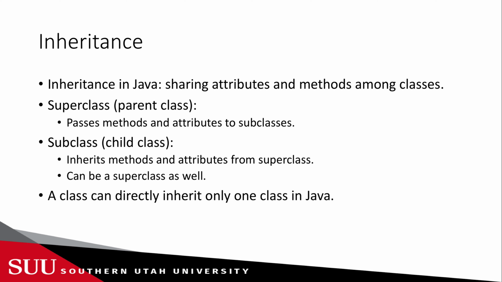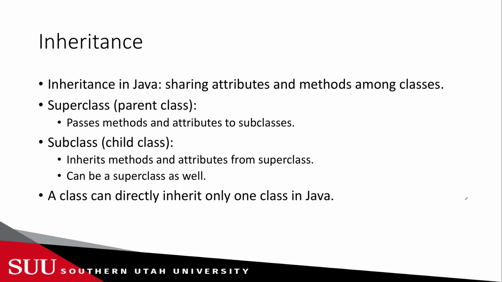The child class, on the other hand, will inherit the methods and attributes from the superclass, and it can be a superclass as well. Note that a class can directly inherit only from one class in Java. Java does not support multiple inheritance, and the maximum number of classes you can inherit from in Java is one.